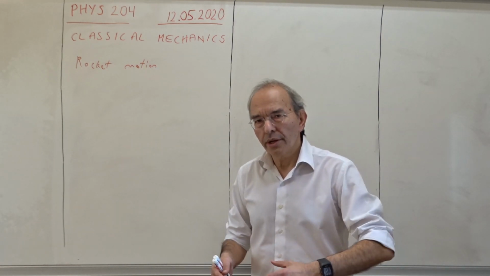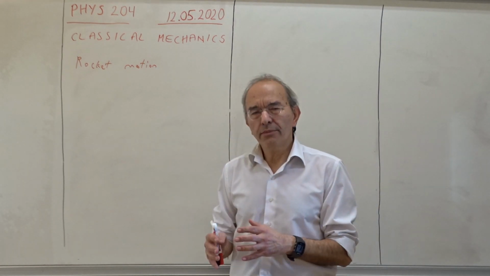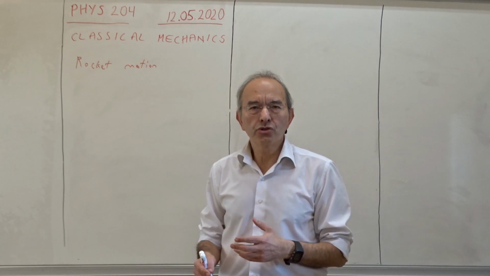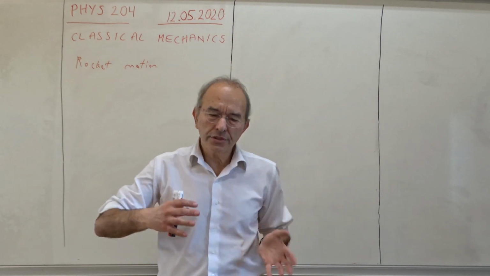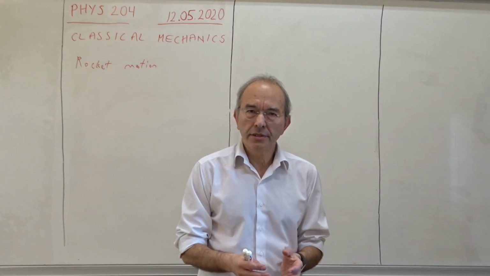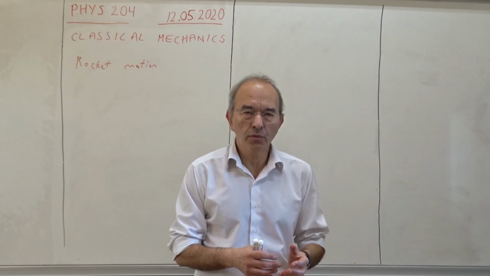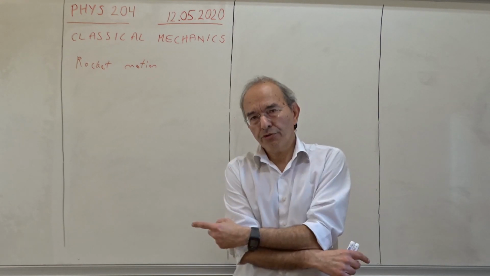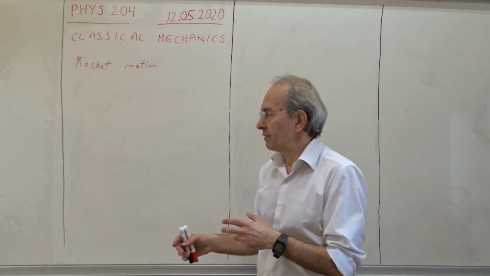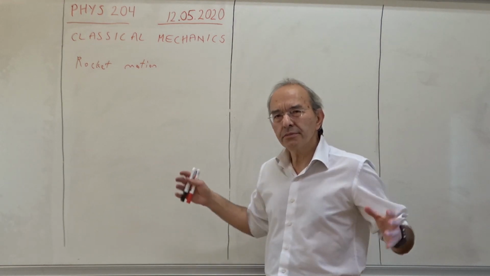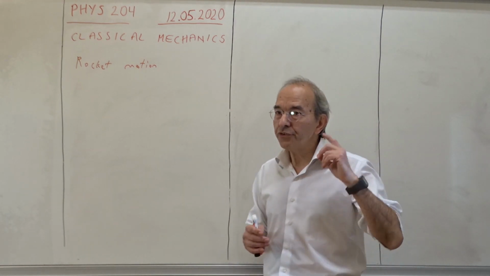But as you throw away some of the objects inside at a certain rate of exhaust, then this system, the car with the remaining sand or remaining water, will gain some additional velocity because of this backward throwing, as we see now. So let's consider a basic, very simple rocket, but in free space.